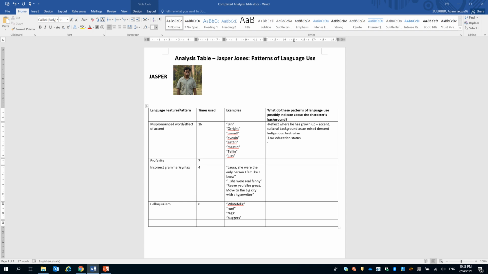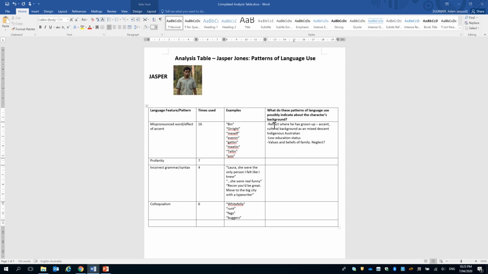It could also reflect values and beliefs of family, and the fact that as a child he was neglected. As children, quite often we have parents who correct us when we mispronounce a word or when we use incorrect grammar and syntax, and that is part of the learning process as we grow.